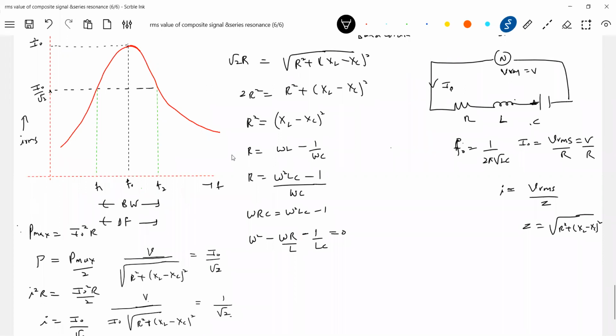Then it's a quadratic equation. We'll solve for omega. So omega will be, 2 is missed, okay, this will be only R by L plus or minus under root R square plus L square minus 4 by LC.